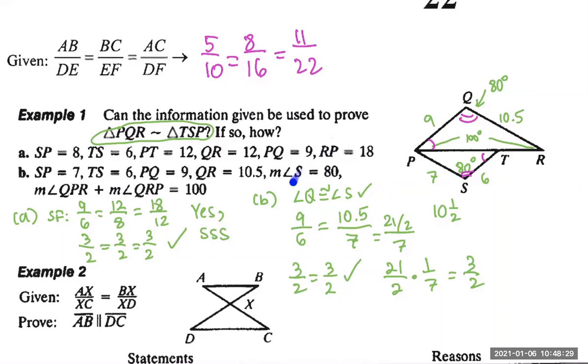The included angles are congruent to each other. Very good. The two sides that are surrounding those congruent angles are proportional to each other, shown by the work down here. And so your conclusion is that, yes, they are similar to each other by side, angle, side.